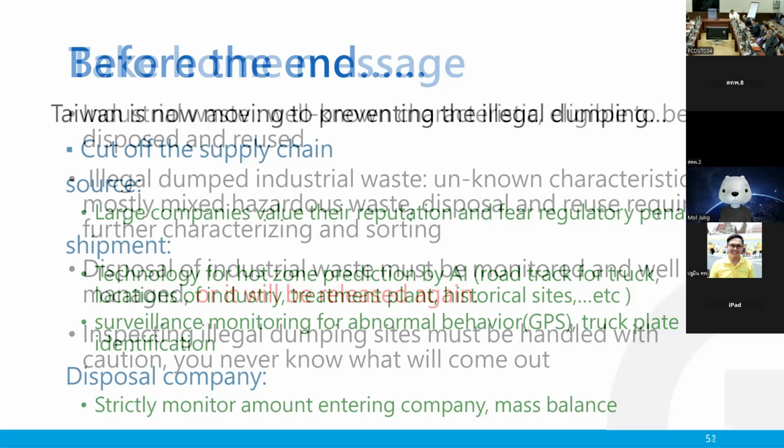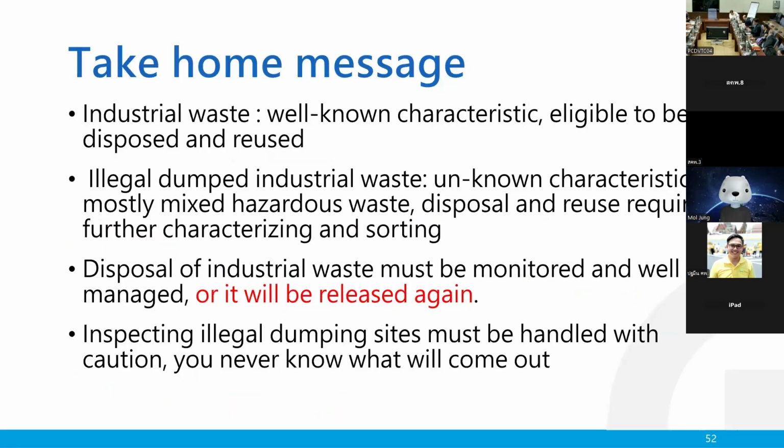So the reuse and the disposal is very difficult. Before you do that, you have to do sorting and isolating. Also, disposal of industrial waste must be monitored and well managed, or it will come out again.